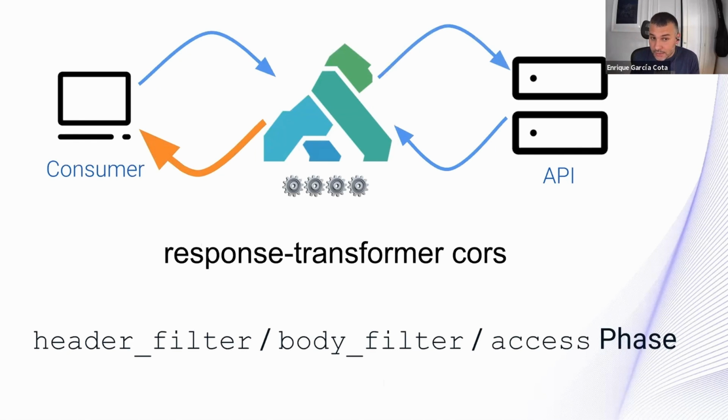It's surprising that CORS in particular does setting of headers on the access phase. That's something that is a bit surprising. Sometimes you can set the headers of the response before you have even sent the request to the upstream server.